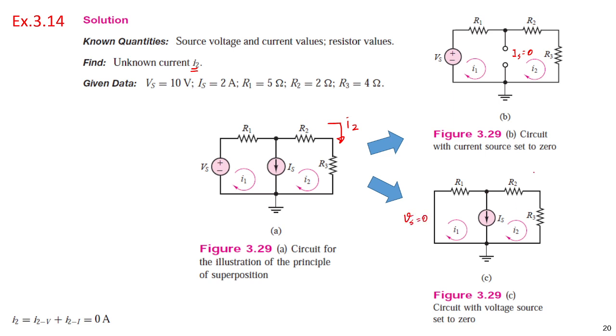We get this I2 and this I2: this is I2 when Is is 0, and this is I2 when Vs is 0, and we sum them together. This is not difficult, and this is not difficult, right?